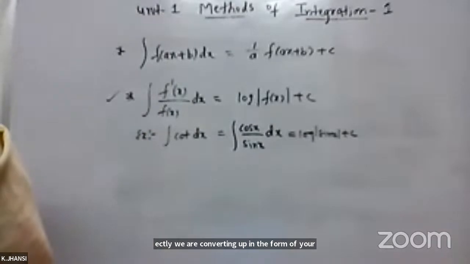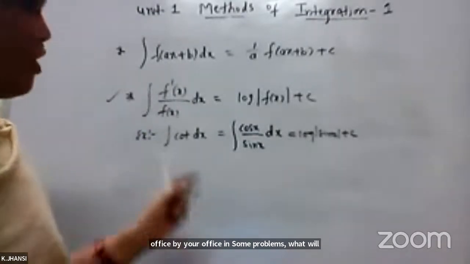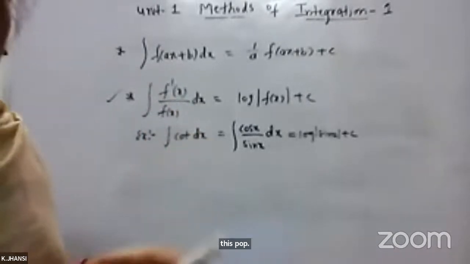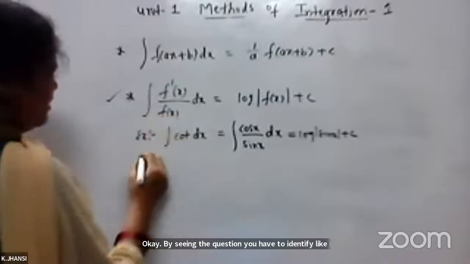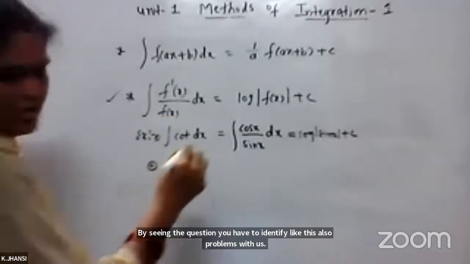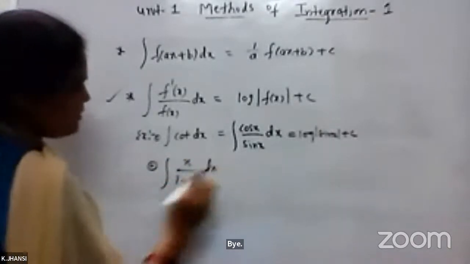Okay. So in this we are directly converting it into the form of f dash of x by f of x. In some problems, you have to identify that the problem is in this form by seeing the question. Like this, problems will also be given. See, integration of x by 1 plus x square into dx.